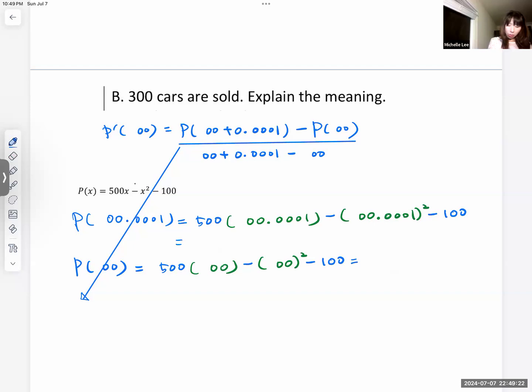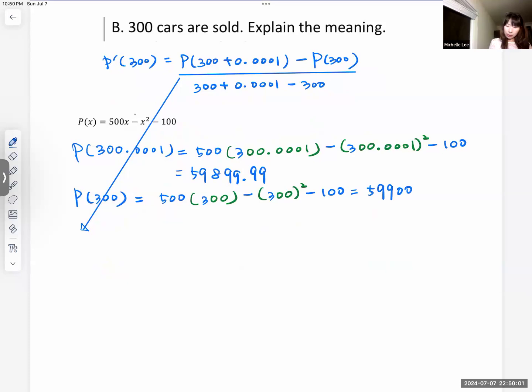Almost done. So 300, right? Okay. So we get 300. So P of 300.0001 is 59,899.99. And this is 59,900.